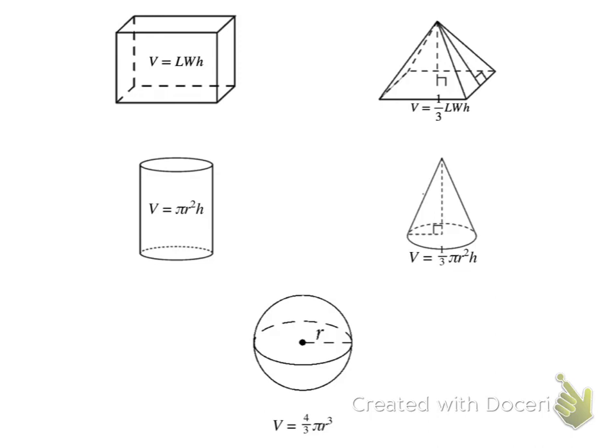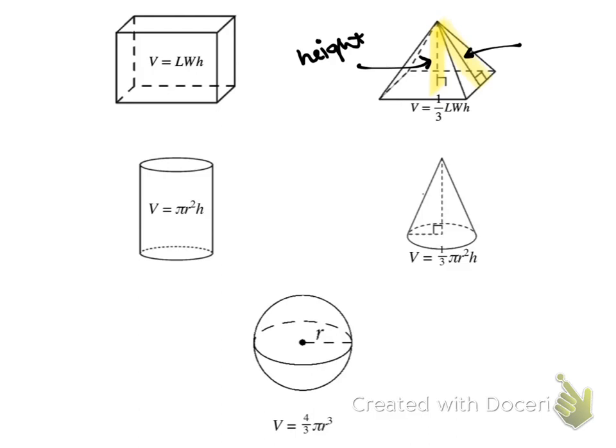So these are our volume formulas. We have for a prism, length times width times height. For a pyramid, 1/3 the length, the width, and the height. So notice the difference here. The right angle down the center of the pyramid, that's the height of the pyramid.